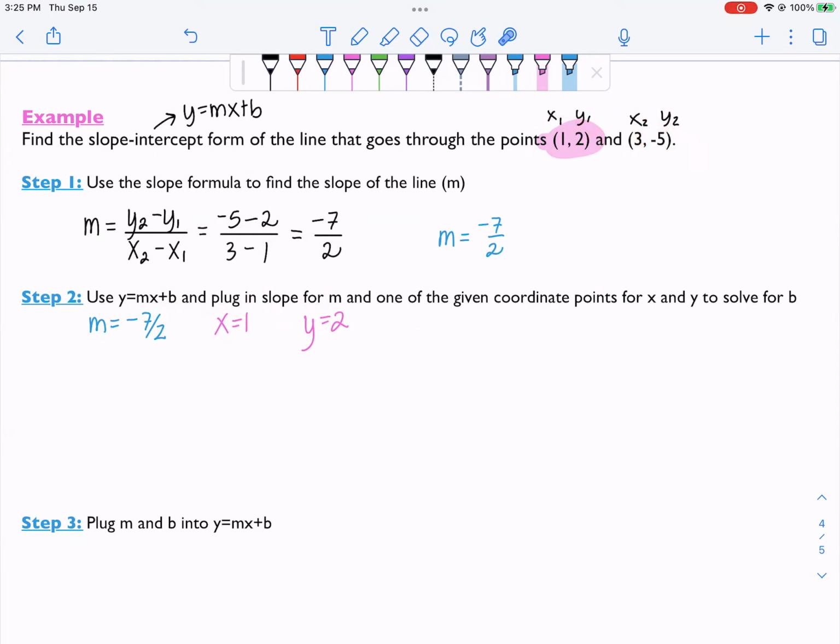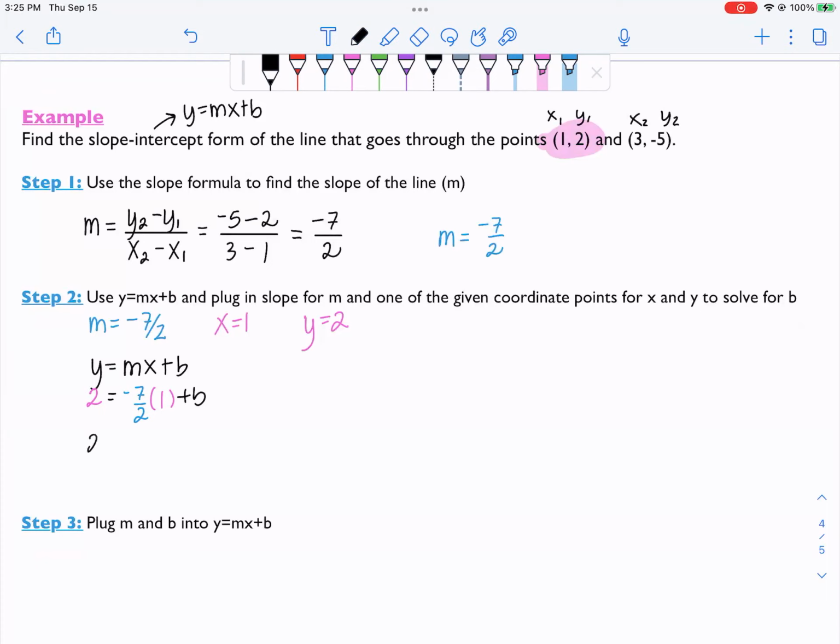Either one will work. And I'm plugging into y equals mx plus b. So my y value is 2. My m value is -7/2. My x value is 1. We are multiplying. Plus b.